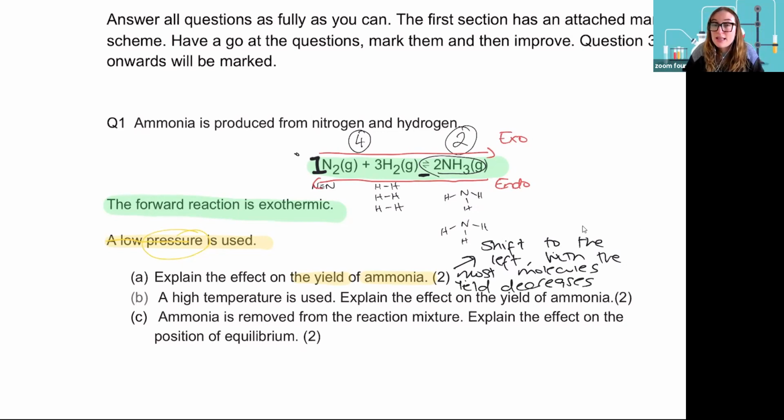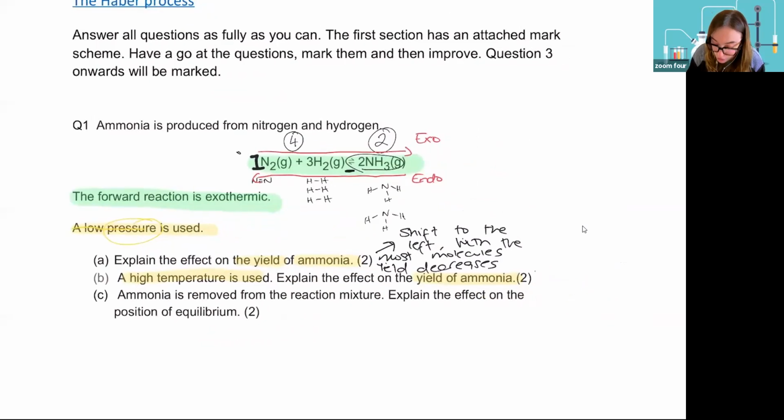Now, let's look at the second question. A high temperature is used. Explain the effect on the yield of ammonia. Well, this is the same idea, isn't it? If we increase the temperature, we know that it will move in the endothermic direction. And that would be your first point. I don't have space on here. Well, I do if I move it, but it will shift to the endo direction.